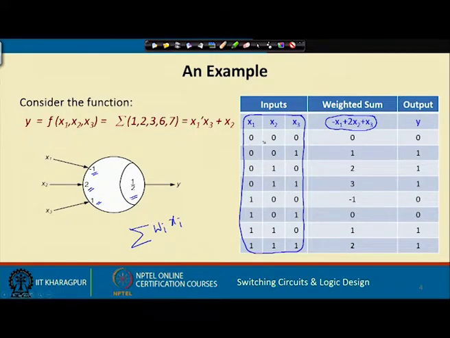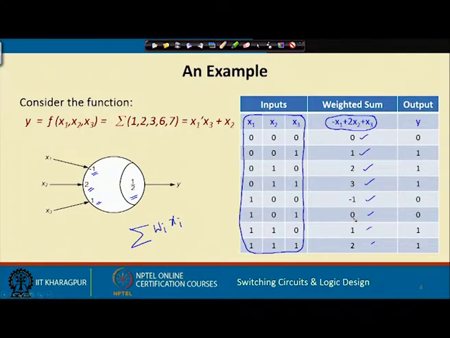With respect to the values of x1, x2 and x3, if you calculate this expression, the values that you get are like this: 0, 1, 2, 3, -1, 0, 1, 2. You can check. For example, for 0, 1, 1, it will be 0 plus 2 into 1 plus 1, which is 3. For 1, 0, 0, it is -1 plus 0 plus 0, which is -1.